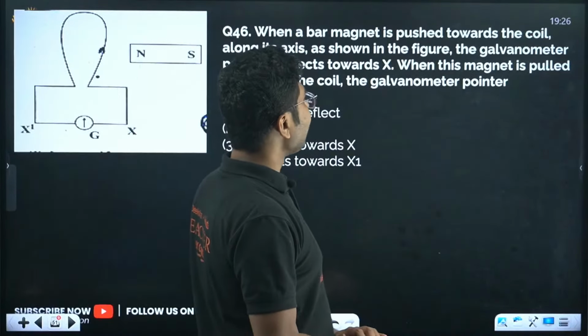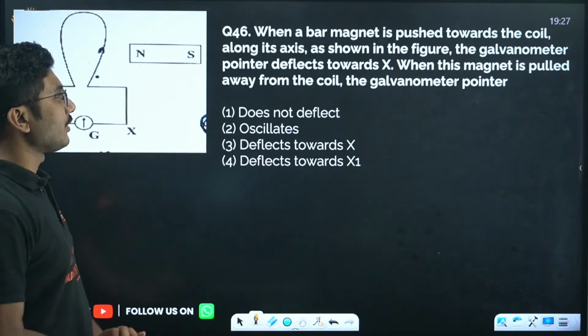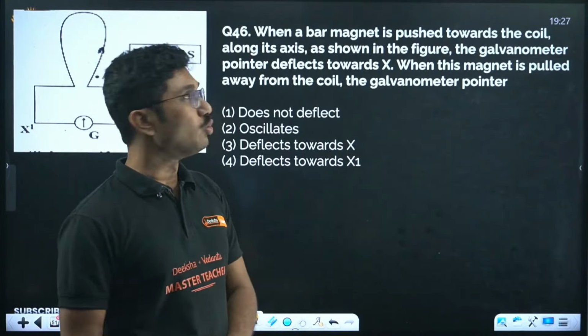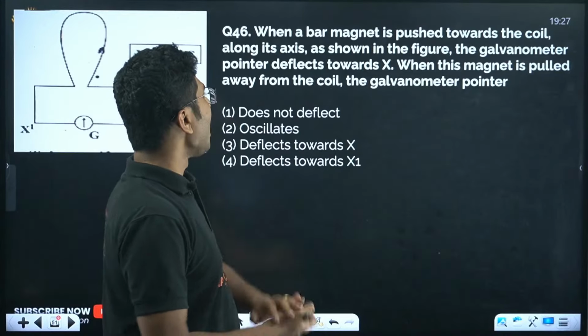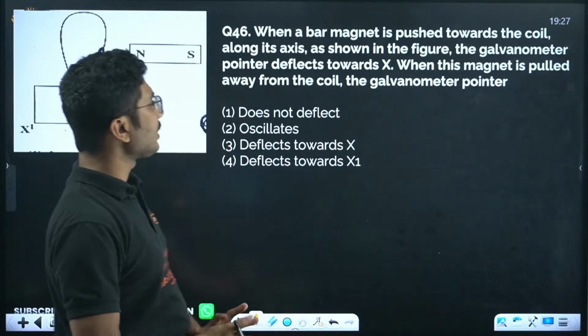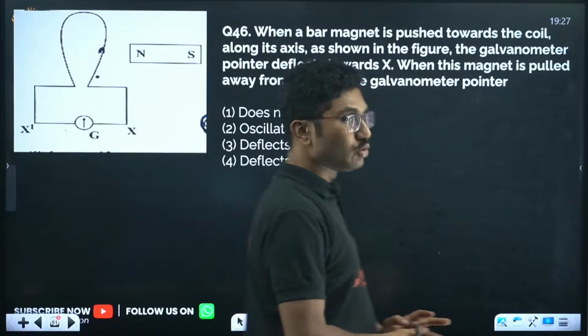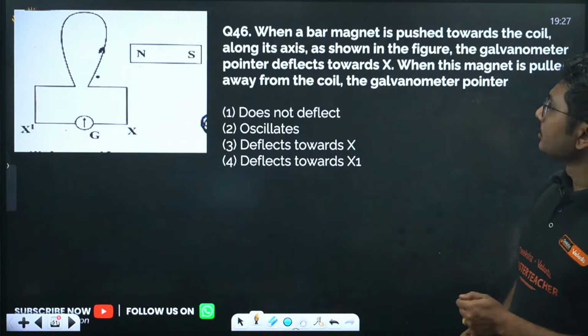When a bar magnet is pushed towards the coil along its axis as shown in the figure, the galvanometer pointer deflects towards X. When this magnet is pulled away from the coil, the galvanometer pointer deflects towards X1. So what is the question?